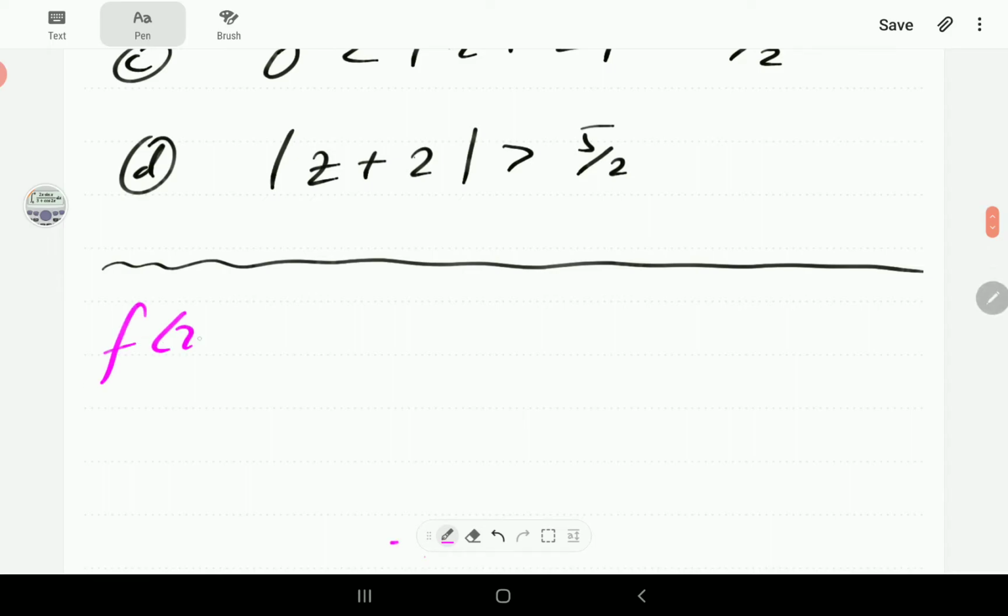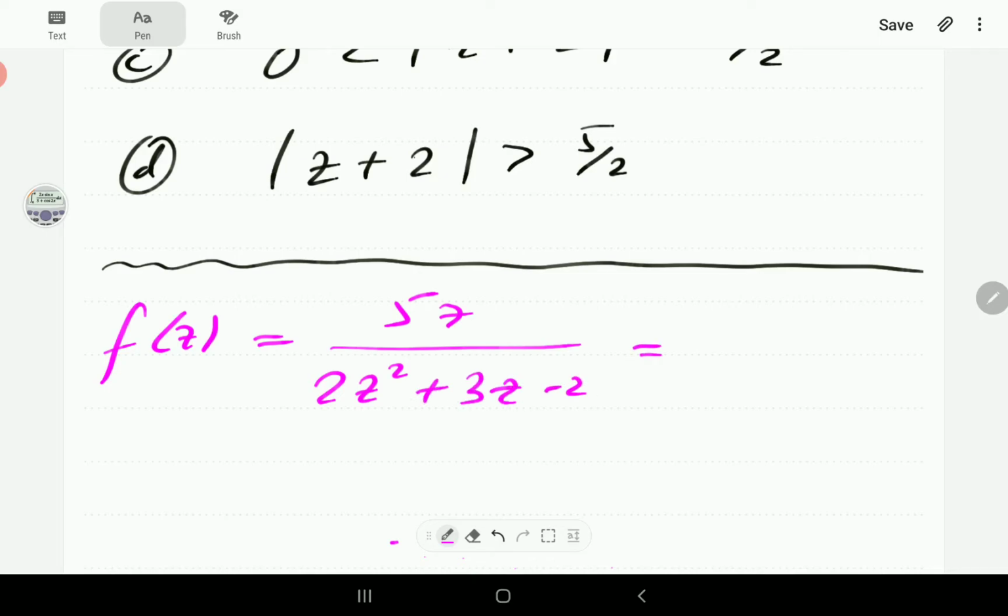So the first thing we're going to do is to find the points where the function is singular. We're going to do that by factorizing this first. So one of the factors is going to have 2z here. Now if we put 2 here and minus 1 here, this works out okay.